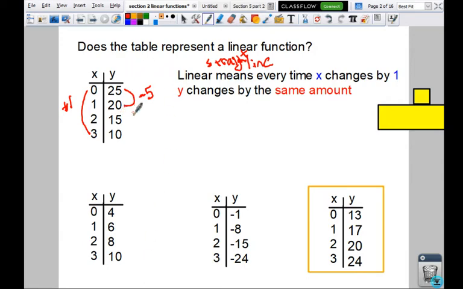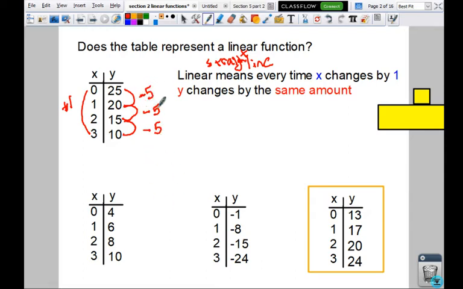Okay. What I'm going to do is check 20 to 15 now, and I want to see if I get the same thing. If I'm going from 20 to 15, am I changing by minus 5? Yeah. And then if I go from 15 to 10, I'm going down by minus 5.